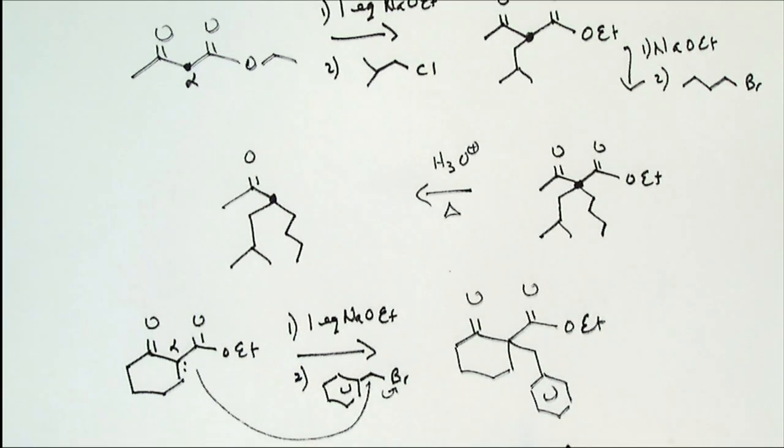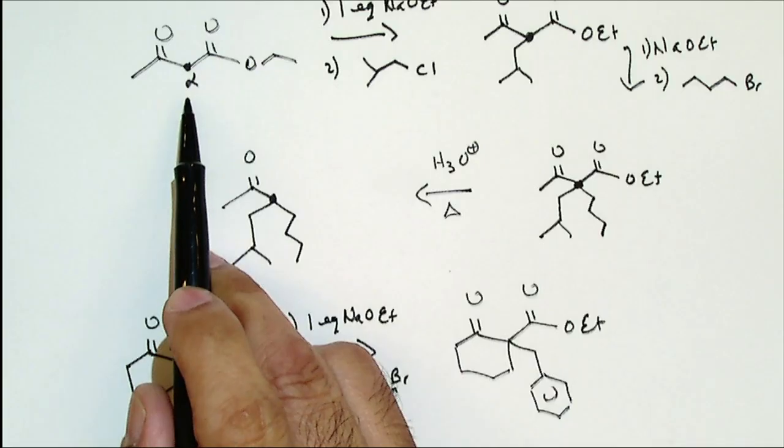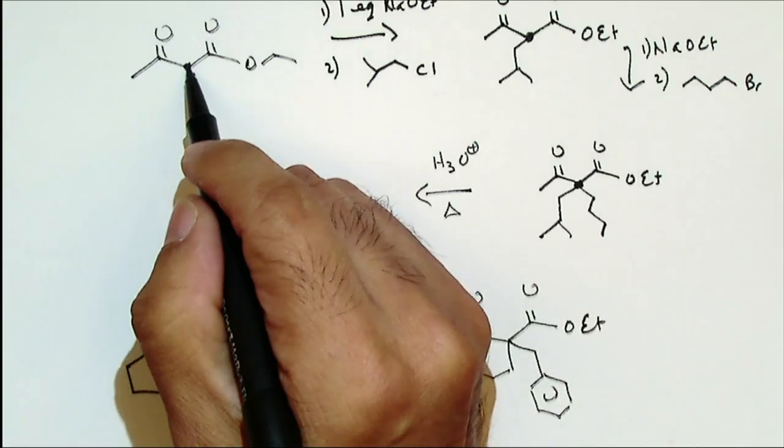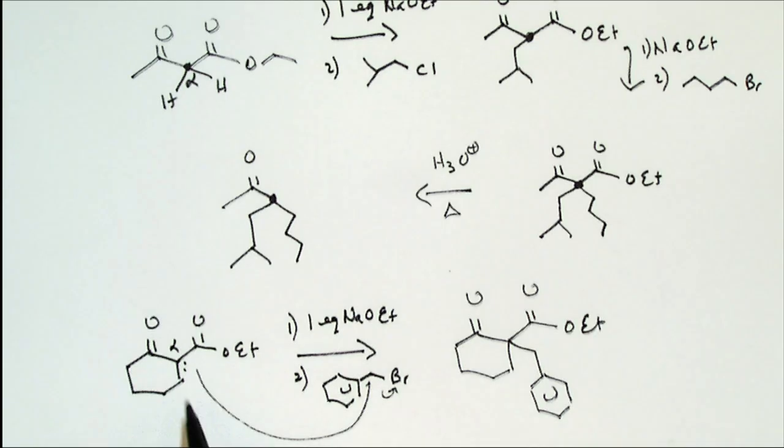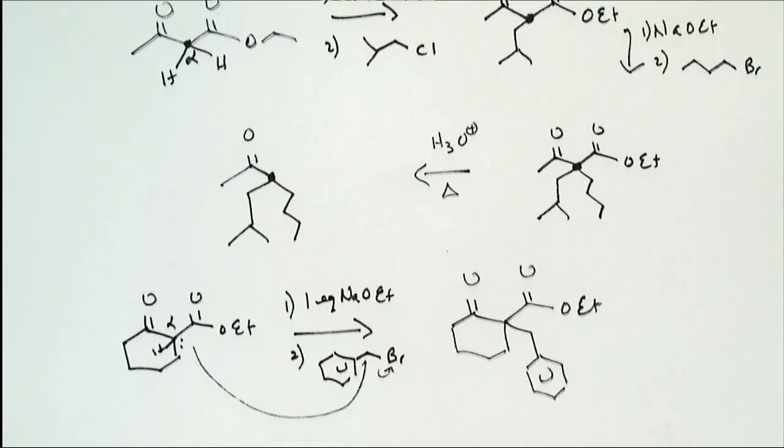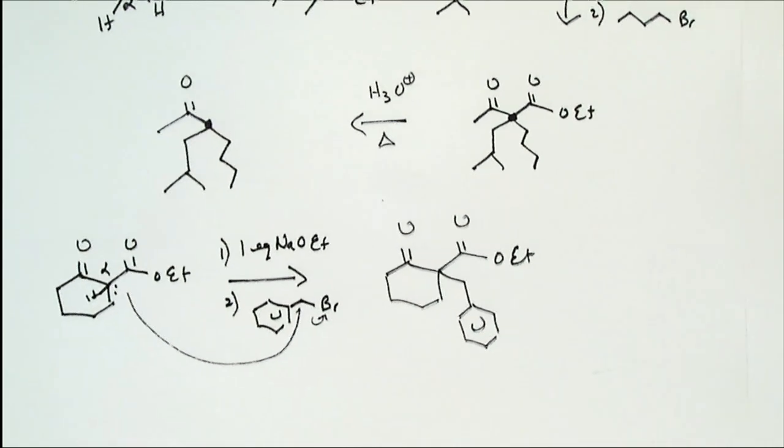Now the difference between the acetoacetic ester versus this one is that at the alpha position there I have 2 protons to deprotonate, but at the alpha position here there's only 1, and I've already done it. You can't do a second alkylation because there isn't a second proton to take away at that alpha position. If you don't do anything, that is your final product.